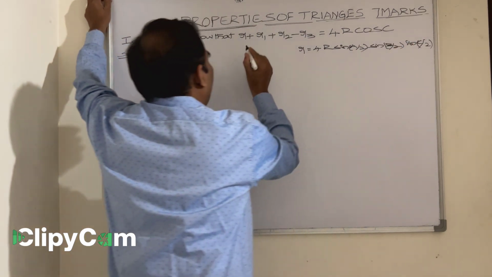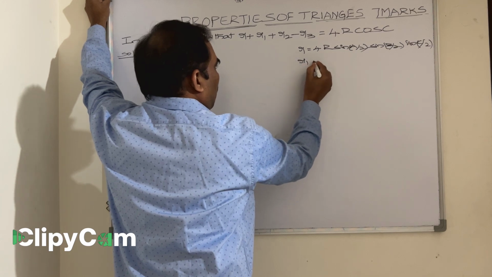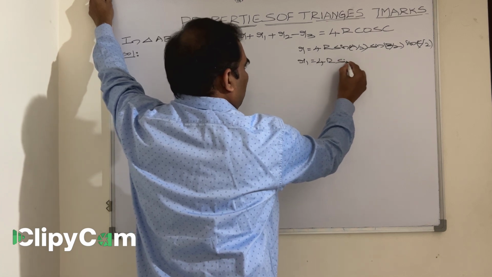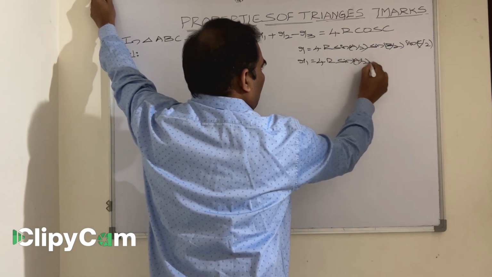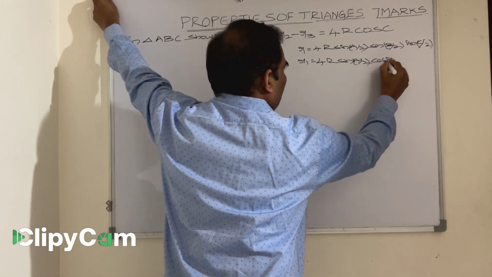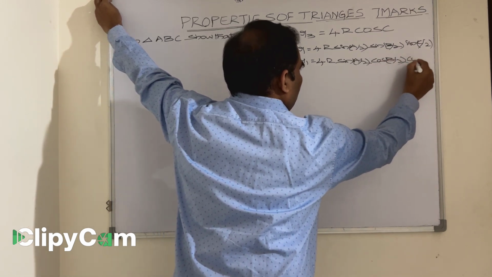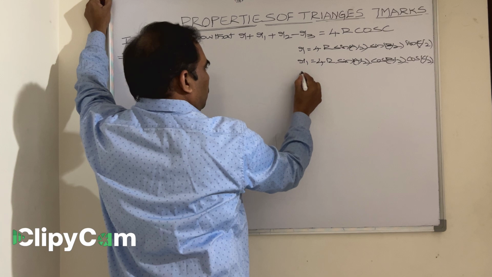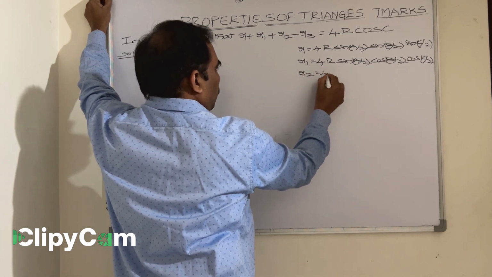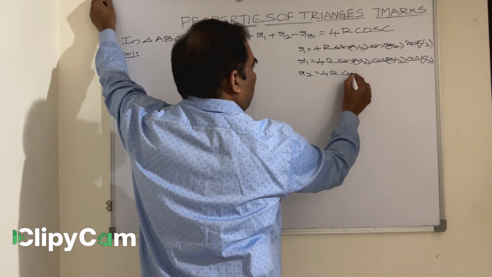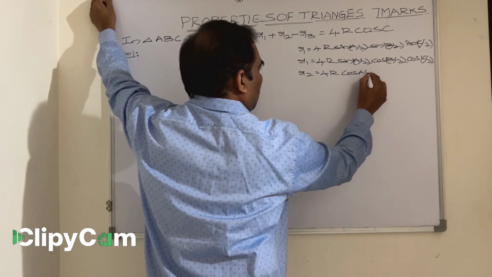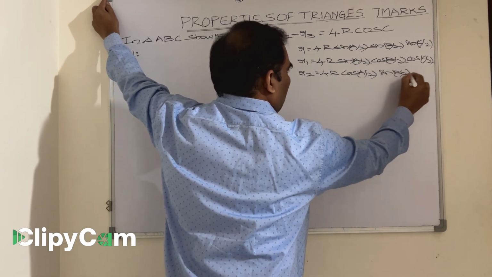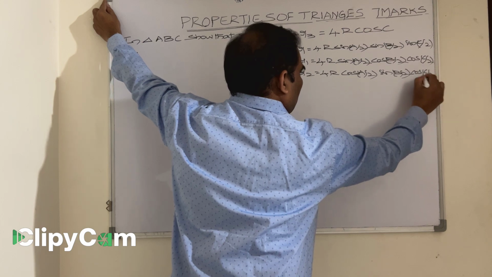So similarly small r1 is equal to 4R sin A by 2 cos B by 2 cos C by 2. Small r2 is equal to 4R cos A by 2 sin B by 2 cos C by 2.